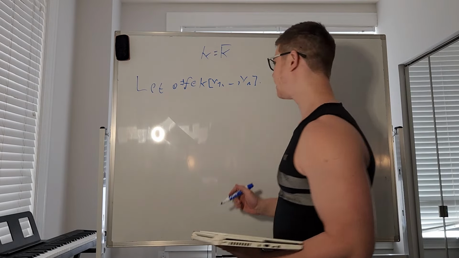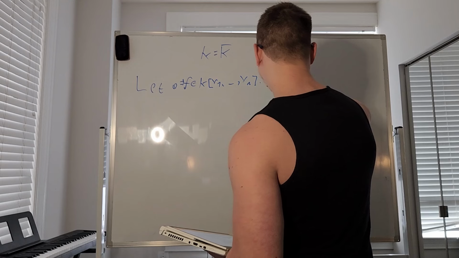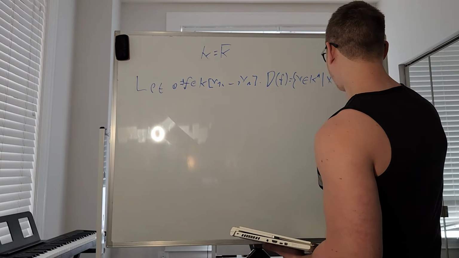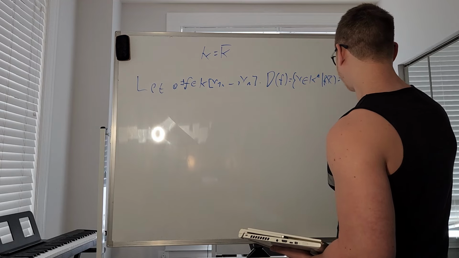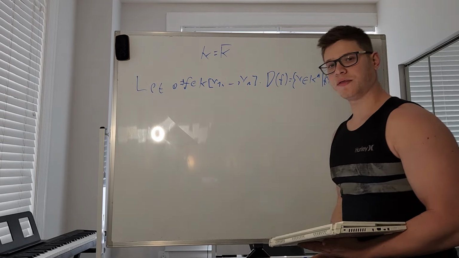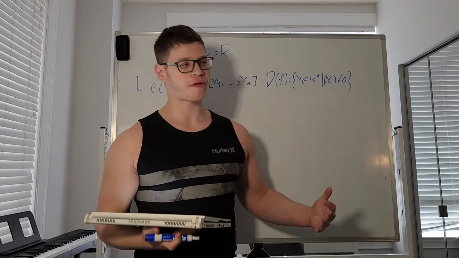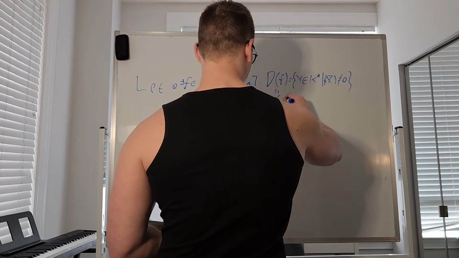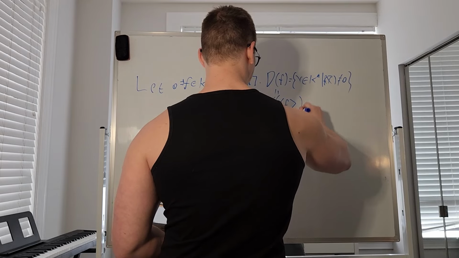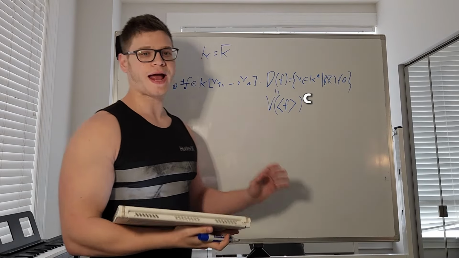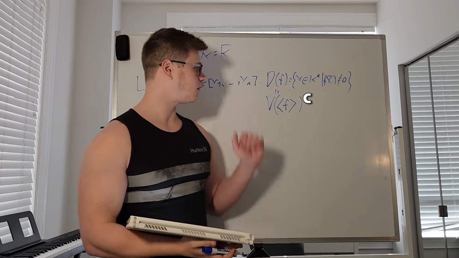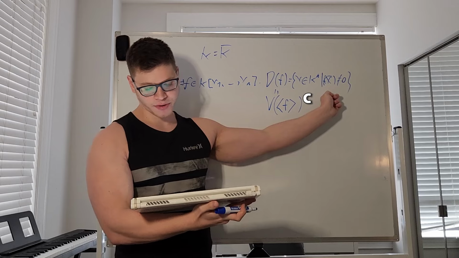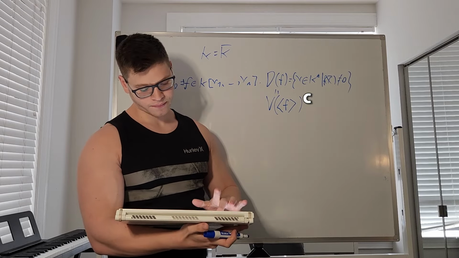We define D(f) to be the set of all points which are not zeros of f. This set is an open set, because it is going to be dual to the algebraic set defined by the ideal of f, because V(f) is the set of points on which f vanishes, and this is the set of points on which f does not vanish.